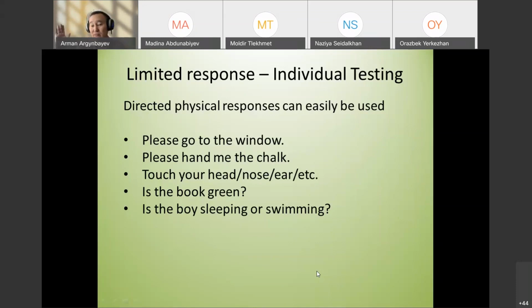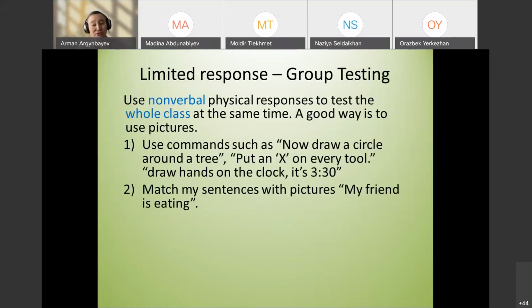And you can show a picture and say, is the boy sleeping or swimming? And students answer, sleeping. Good. Or you can even say, the boy is sleeping, and students say yes or no. You can also use this as group testing.